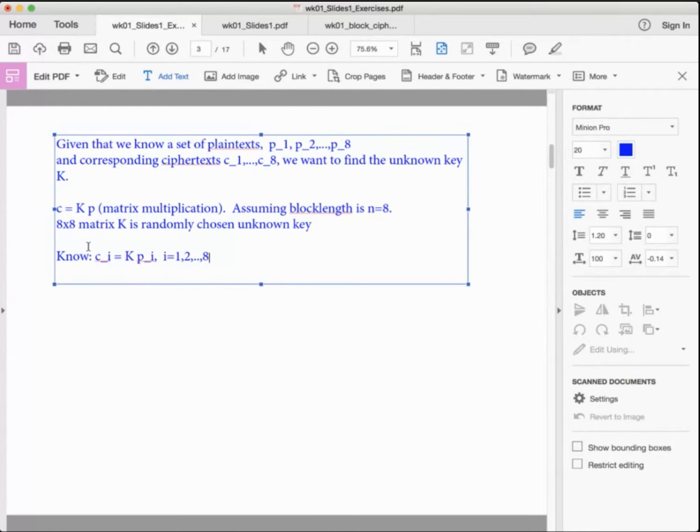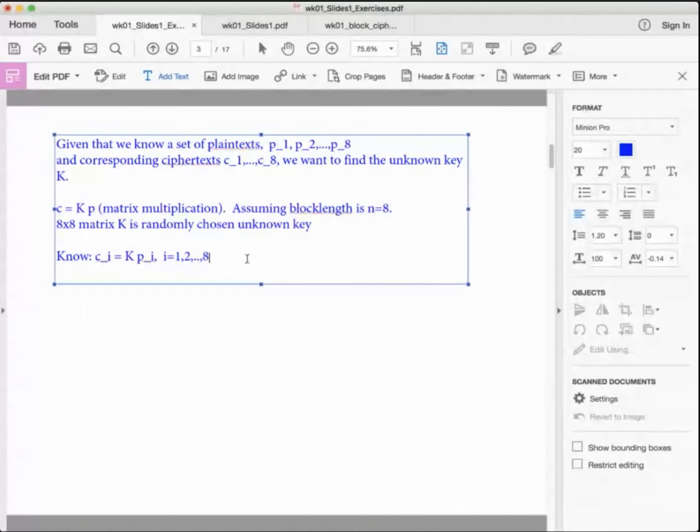Because I've been told. The attacker is given plain text and corresponding ciphertext encrypted under the unknown key K, and the unknown key K is this matrix. Is that clear? So I know this. Okay, excellent. How can I make use of this knowledge?